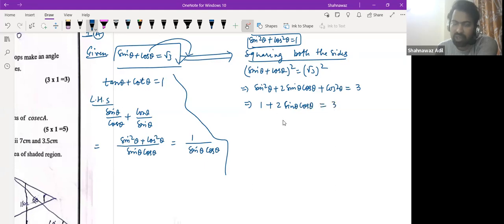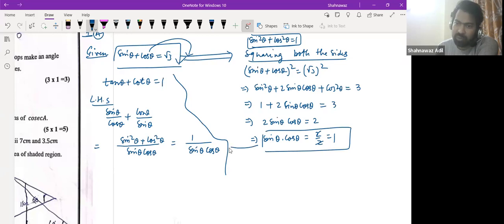Why did we complicate it? This 1 will go to the other side, and then this is 3 minus 1, so sine theta into cos theta is 2 by 2, that is 1. So if we put this value in here, we will get 1, which is the RHS. So that was this question.